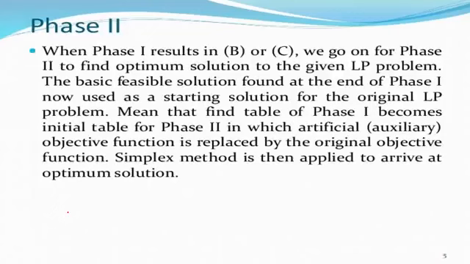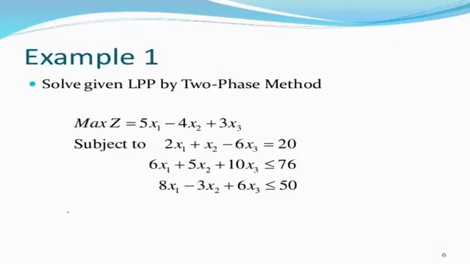Phase 2: when phase 1 results in B or C, we go on to phase 2 to find the optimum solution to the given linear programming problem. The basic feasible solution found at the end of phase 1 is now used as a starting solution for the original linear programming problem. An example is given to you.